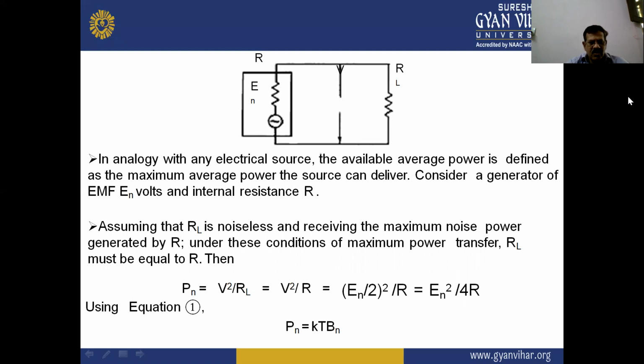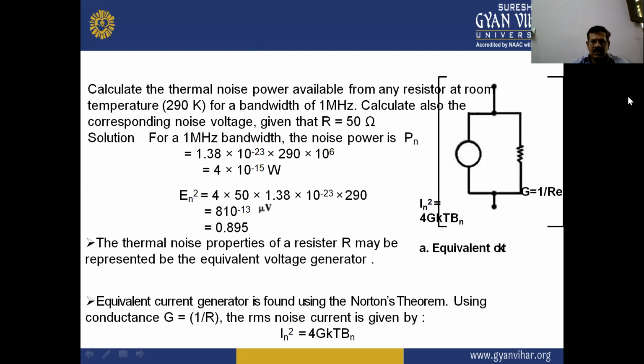Then noise power Pn equals V square upon RL, or V square upon R. Putting in the value of V, we find Pn equals (En divided by 2) square upon R, or En square upon 4R. So this is the noise power Pn equal to kTBn, where k is the Boltzmann constant, T is the temperature, and Bn is the bandwidth of the frequency.